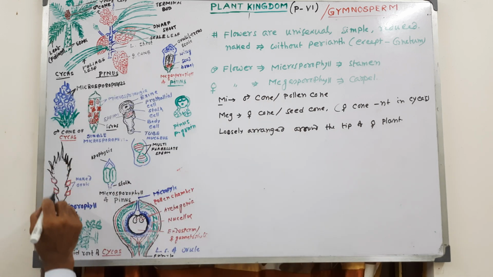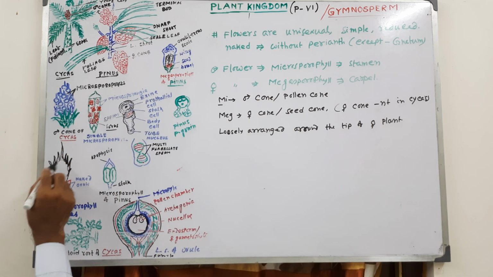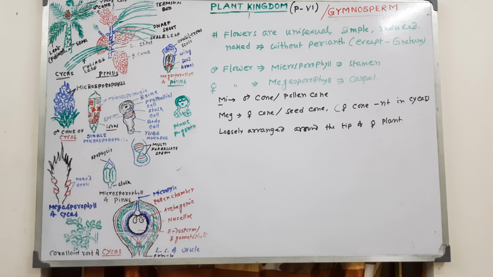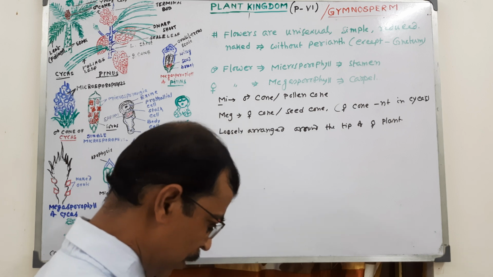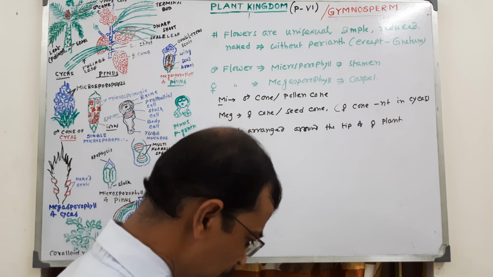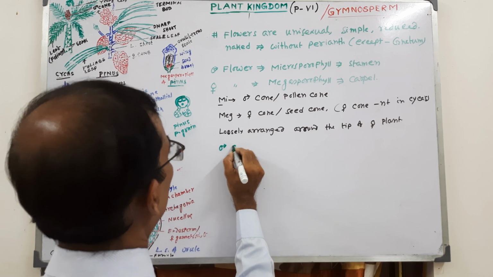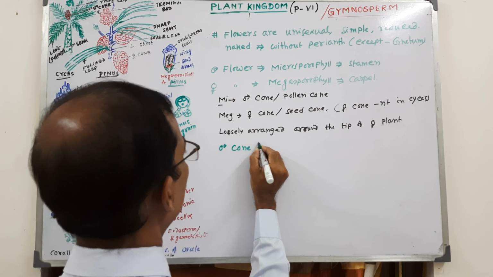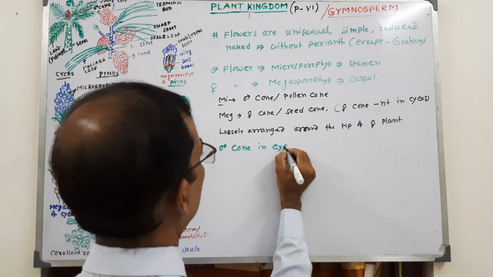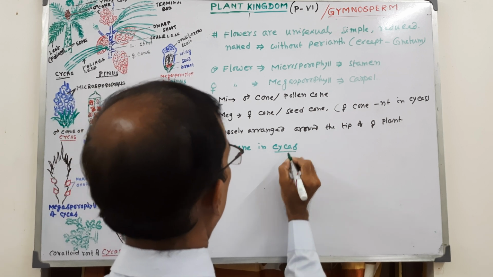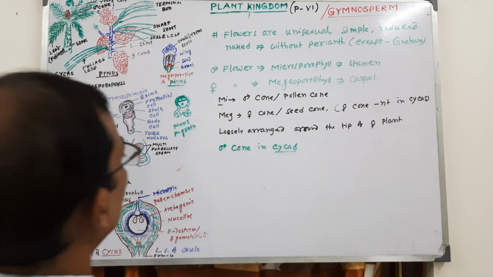Look here, this is a leaf-like structure, highly dissected at the apical part, and it bears 1 to 5 pairs of naked ovules on both sides. Now about the microsporophyll, that is the male cone in Cycas: very large, everything of Cycas is very large.